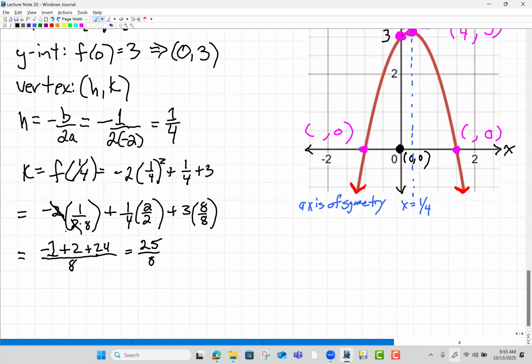okay. So this should be 3 and 1/8. Is that right? So how many times will 8 go into 25? Well, it'll go into 24, 3 times, right?